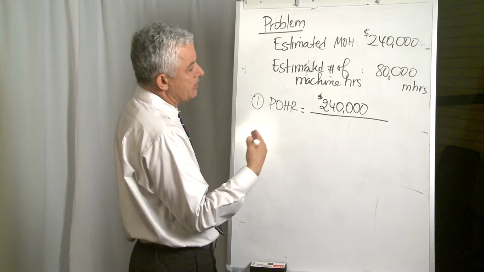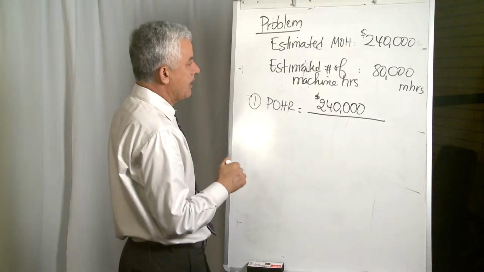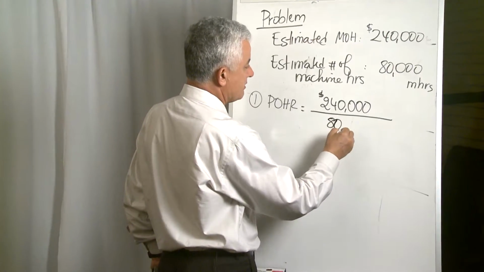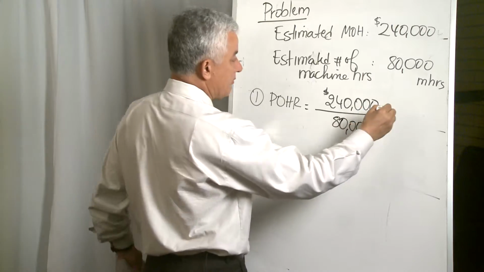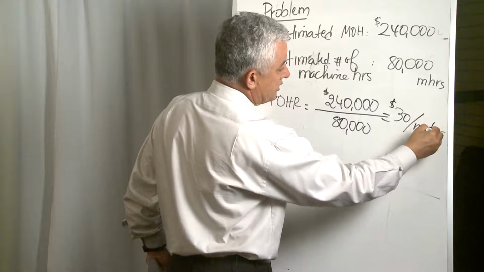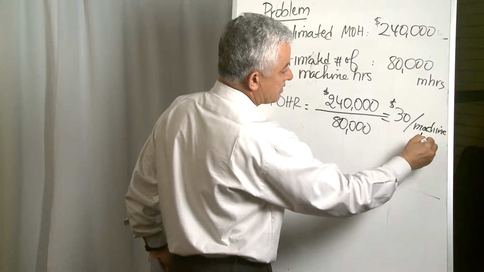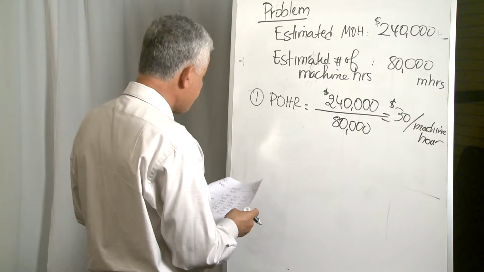The driver of overhead costs here is the machine hours. So divide by 80,000 and we'll get $30 per machine hour, which means each time we use 1 machine hour, we have to allocate $30 of overhead cost.